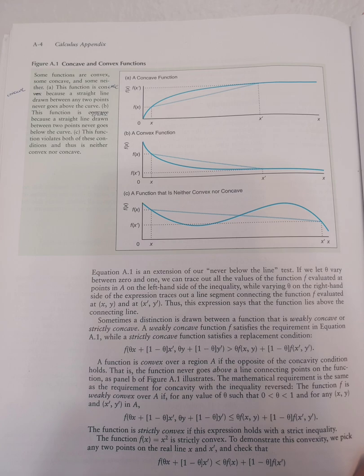A function is convex over a region A if the opposite of the concavity condition holds. That is, the function never goes above a line connecting points on the function, as panel B of figure A.1 illustrates. The mathematical requirement is the same as the requirement for concavity with the inequality reversed.